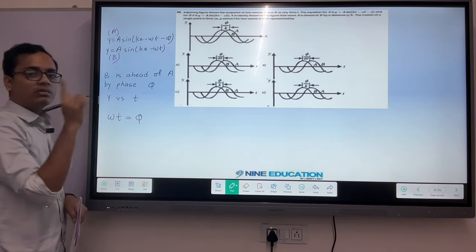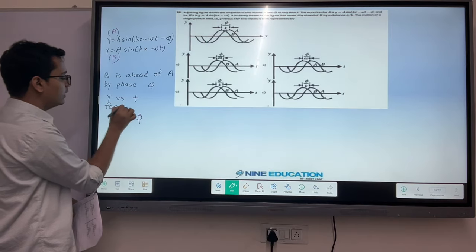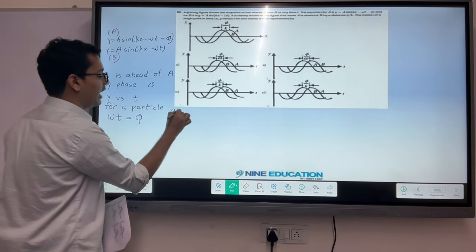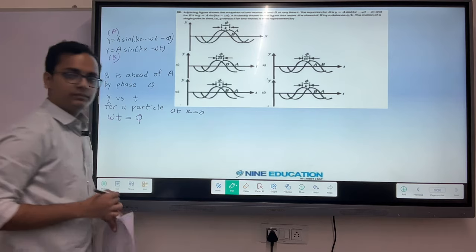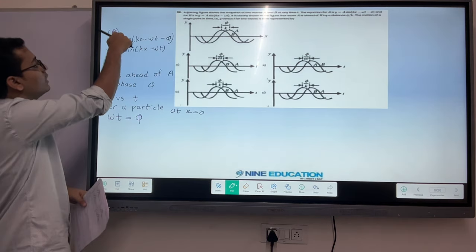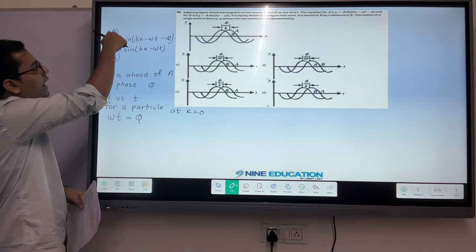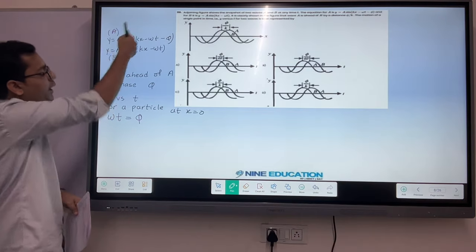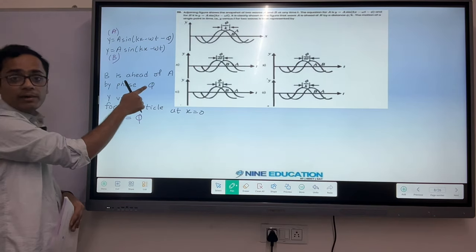So if I am talking about one single particle, for a particle at x equal to 0 in both waves, A has phase minus phi, B has phase 0, hence B is ahead of A by phase phi.